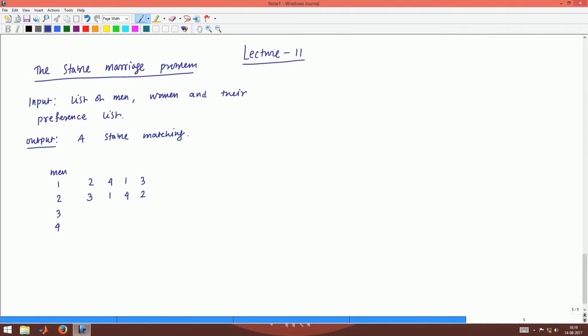Similarly, for the third man the preference list is 2, 3, 1, 4, and for the fourth man it is 4, 1, 3, 2. So, this is the men's preference list.